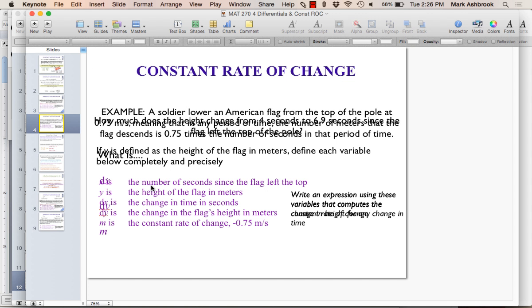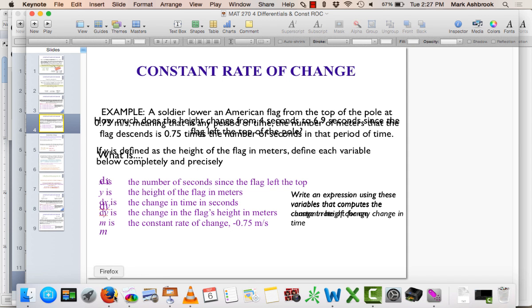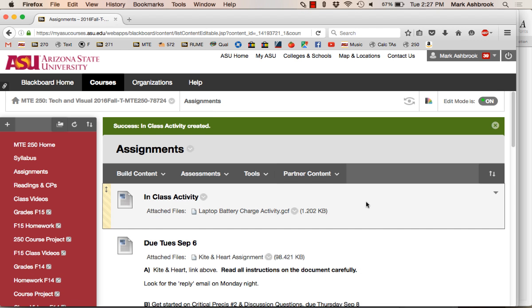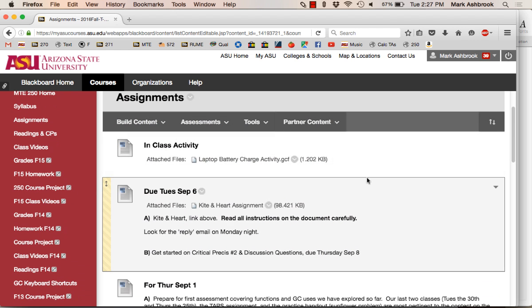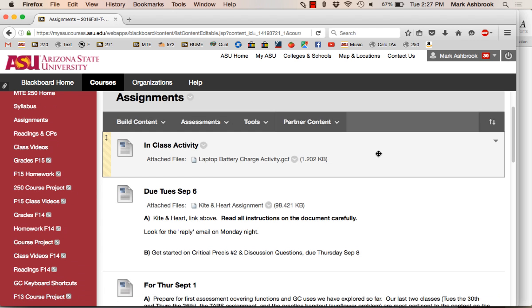So I want you to go to Blackboard, and I've put an activity file for the rest of the class in the assignments area. You'll see in-class activity is the first assignment right now. We've actually talked about this scenario before, but we're going to do different stuff with it. It's the laptop battery charge activity.